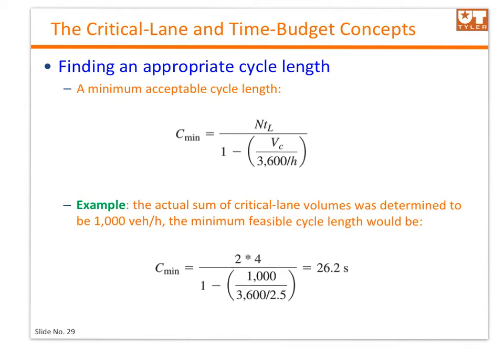Based on the previous information, C minimum is equal to 2 phases, continuing from the previous example, times 4 seconds, which is the total lost time, over 1 minus 1000, which is what's given, 1000 vehicles per hour, over 3600 over 2.5, the saturation headway. And now I'm saying that the minimum acceptable cycle length is 26.2 seconds.